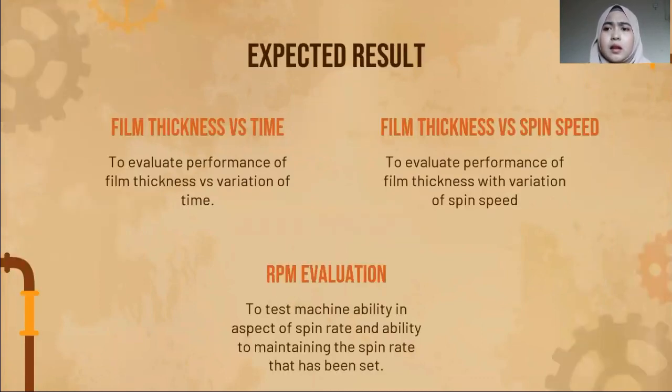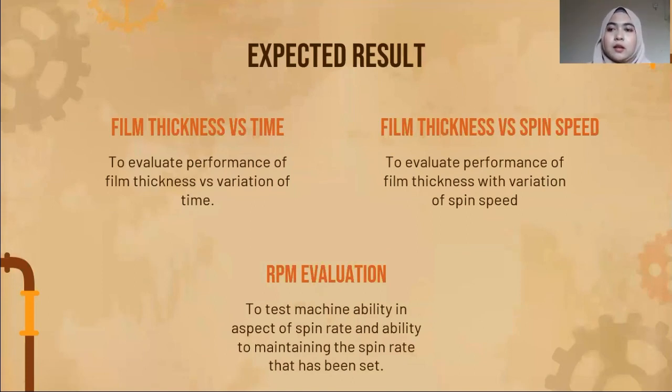The expected result that I want to achieve in this project is firstly film thickness versus time. Film thickness versus time is to evaluate the performance of the film thickness by variation of time but with constant speed.